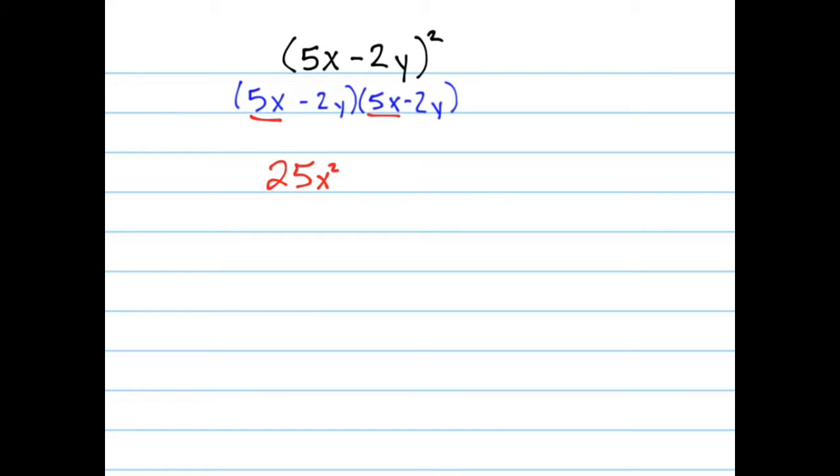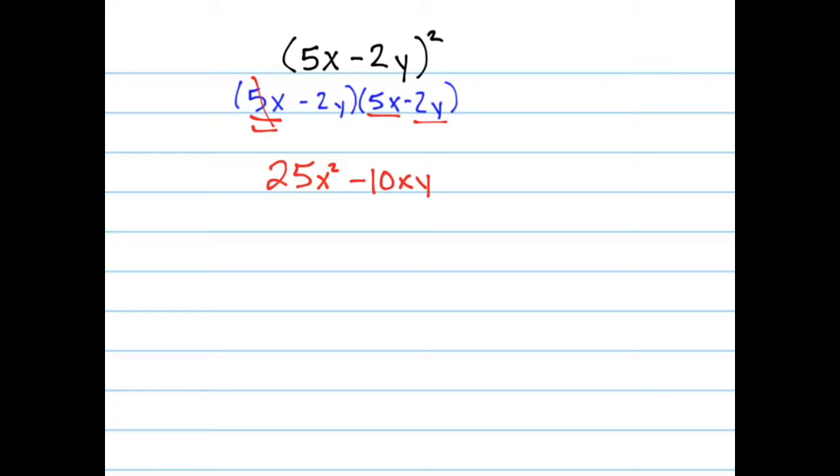What's 5x for my outsides? What's 5x times negative 2y? Negative 10xy. So that's my first and my outside. And look, notice that my first term here has already got 2 tick marks. So I've multiplied that one twice. I'm done. These have each got 1, so they're going to get hit by another one.